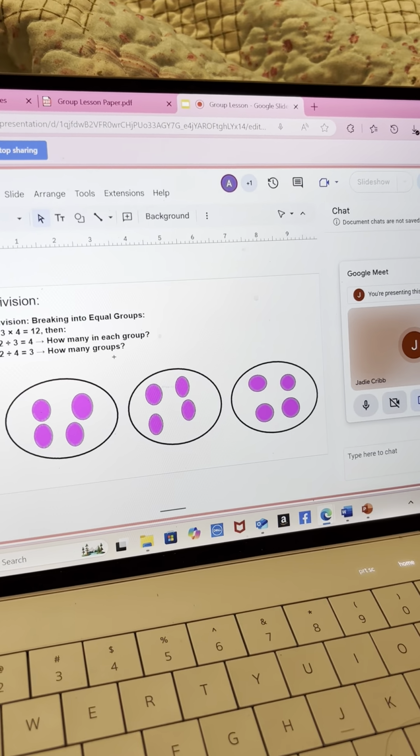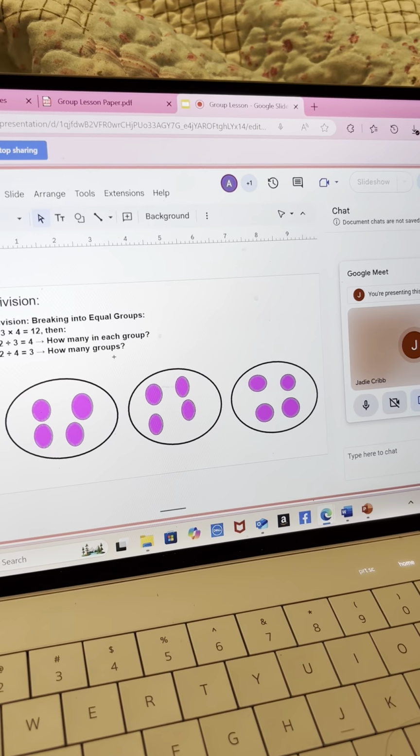Okay, and I want y'all to understand that multiplication and division are connected operations. If you have multiplication, you have division, they help each other whenever you're solving your problems. Understanding one helps you understand the other. All right, what is division? If you have 12 divided by 3, once again, you would do 3 groups.